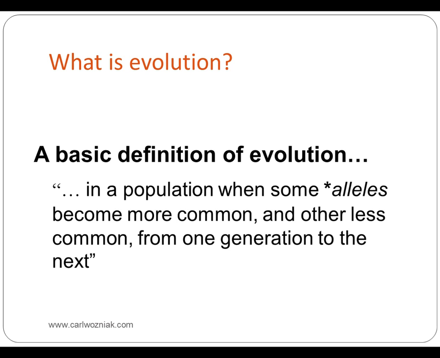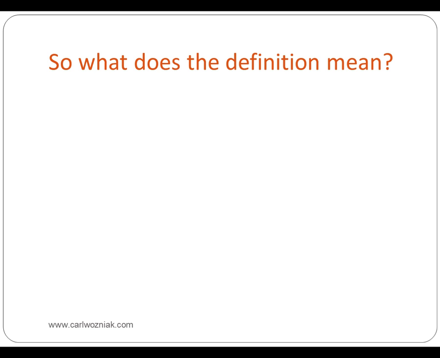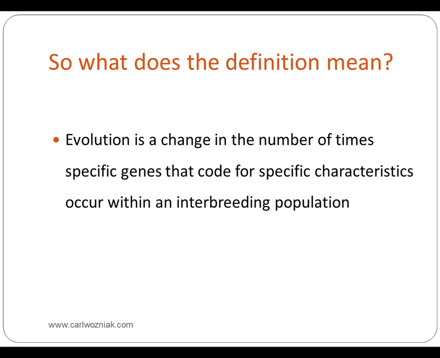All right, so I'm going to skip that. We described that. And so what does that definition mean? Evolution is a change in the number of times of specific genes that code for specific characteristics within an interbreeding population. We're just seeing characteristics change within a population.